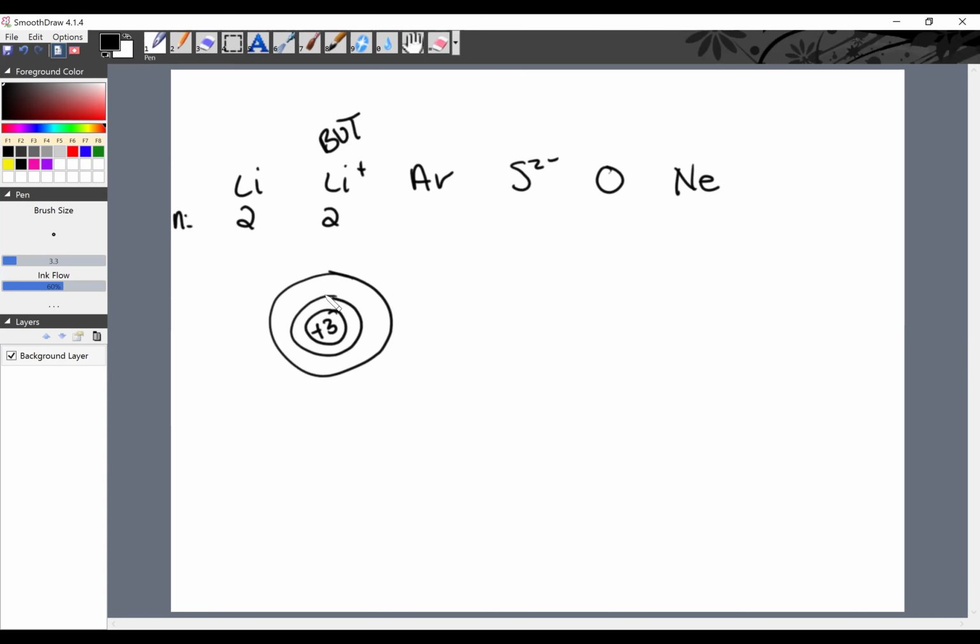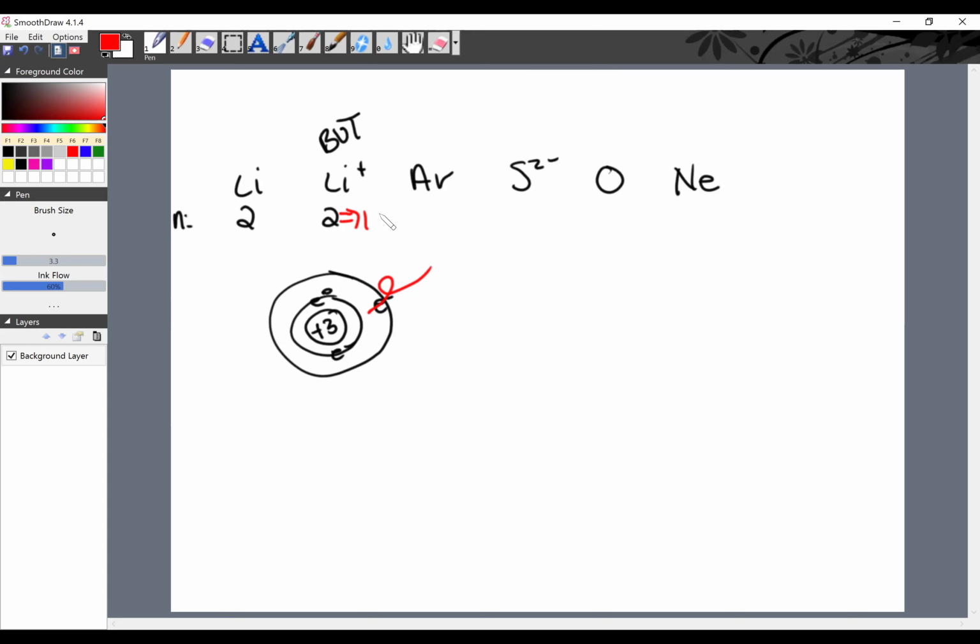It has 2 in n equals 1, and it had 1 in n equals 2, but in order to become ionic, that has been lost. So lithium is now back down to 1 in essence. I started as 2, but because I'm positive, I really am in shell 1. All my electrons are in shell 1.